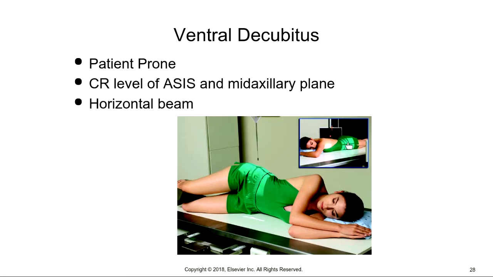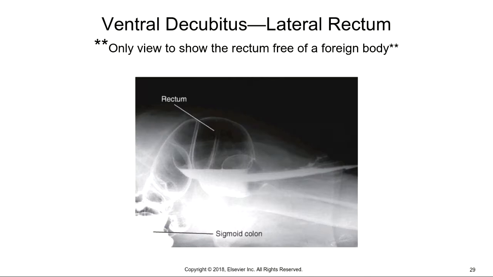And then you place this crosshair at mid-axillary. Okay, now when you do this ventral decube, you have the patient lying, you have the beam horizontal, you're centered to ASIS and mid-coronal.